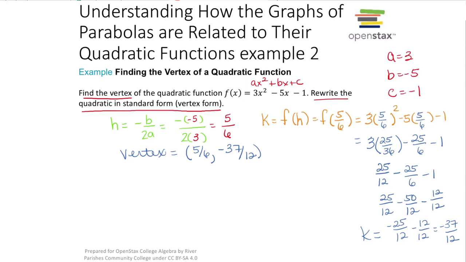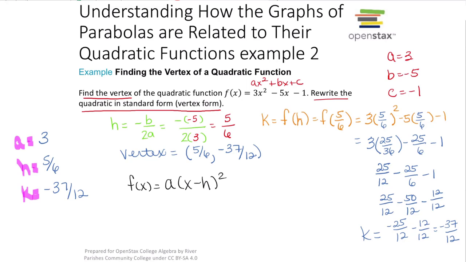Then to write this in HK form, or vertex form, we need A, we need H, and we need K. A was 3, H we found was 5 over 6, and K we found was negative 37 over 12. So we have f of x, and we should write that: f of x is equal to A times x minus h squared plus k.